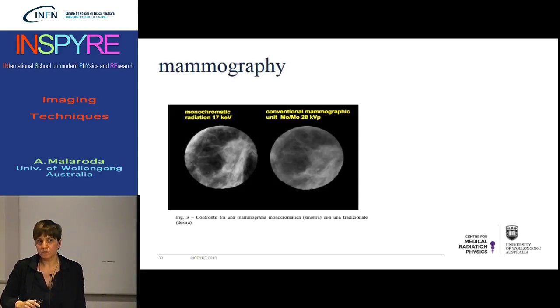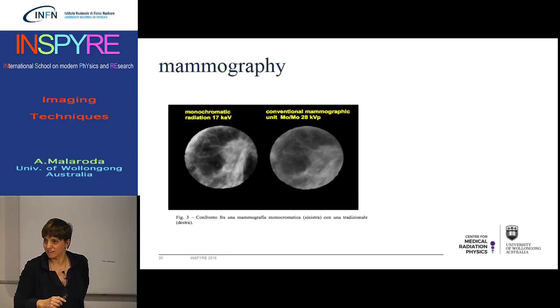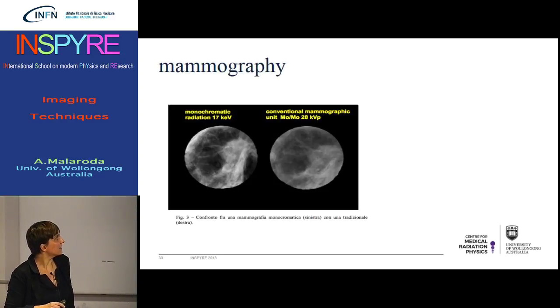You've seen this image on Monday with Catalina. And after I saw it, I asked her for the slide. And this is a mammography. And she said to you, look at this: if we use synchrotron radiation, we're getting better and better images than conventional mammography.